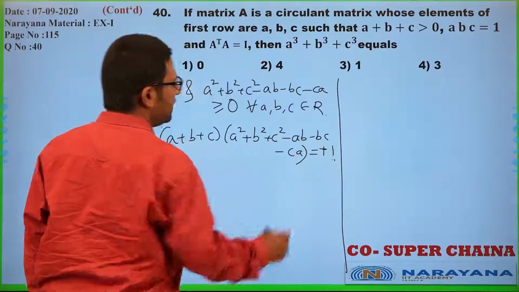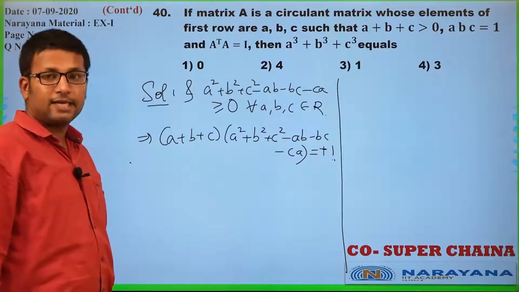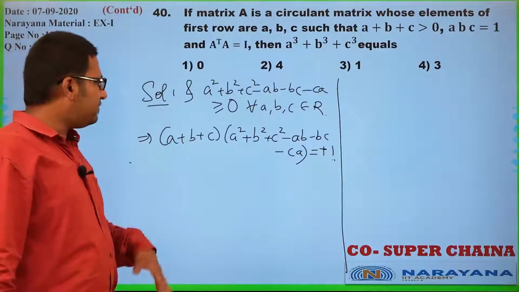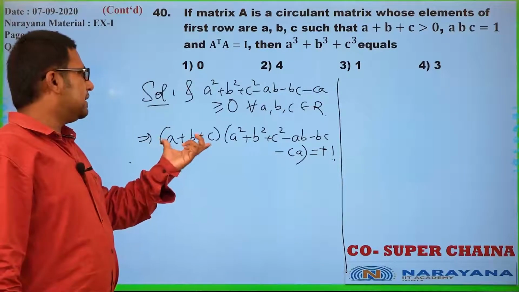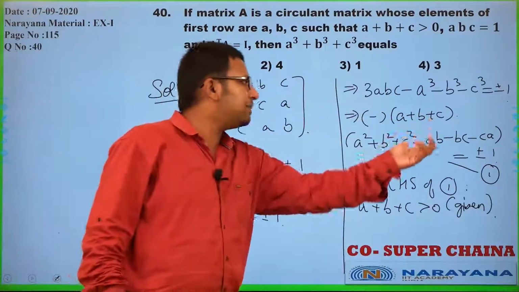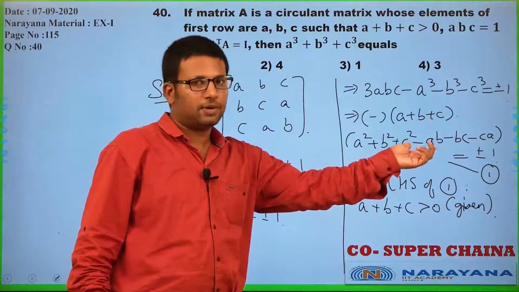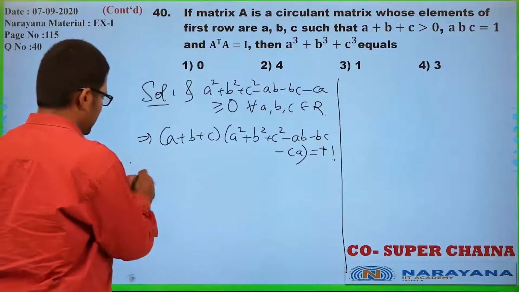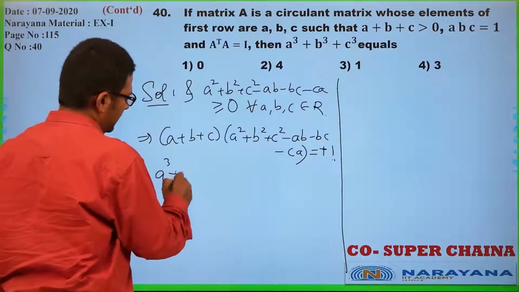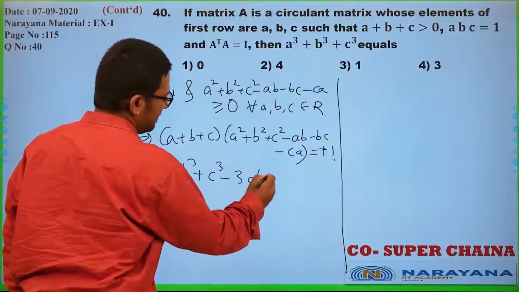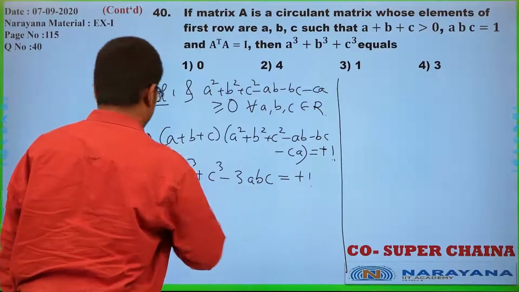It cannot be minus 1. Why are we rejecting minus 1? Once again, because both the brackets are non-negative. Which means a cube plus b cube plus c cube minus 3abc is equal to plus 1.